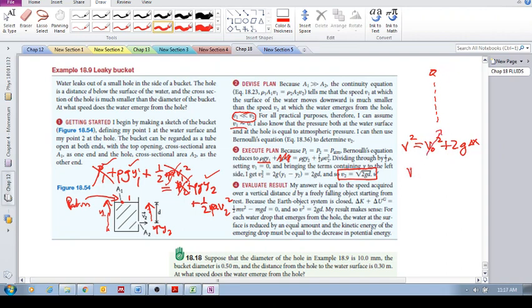And if you solve for v, you get v is the square root of 2g delta x, which is simply just your distance. So my answer is equal to the speed acquired over a vertical distance d by a freely falling object starting from rest. Okay, so it's the same as the velocity of a freely falling object.